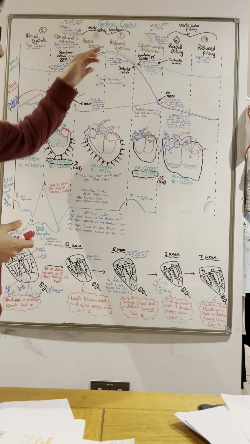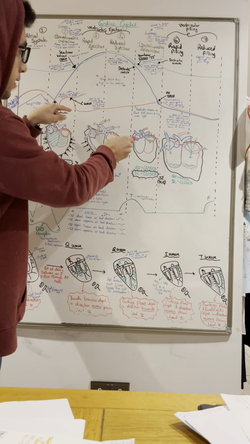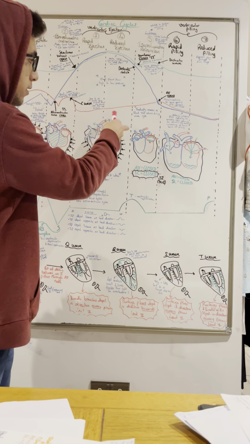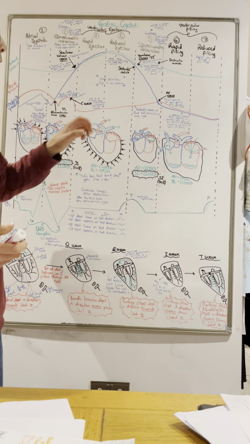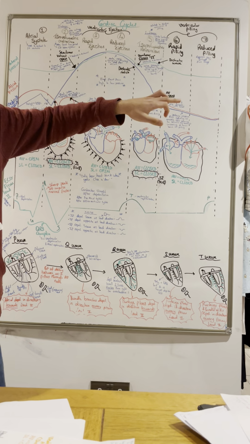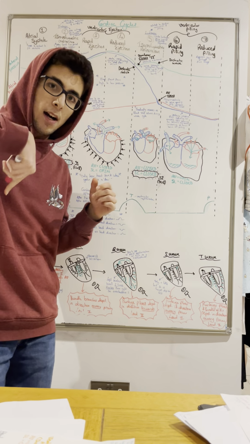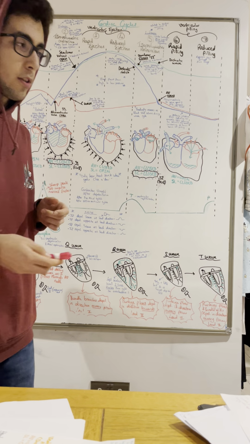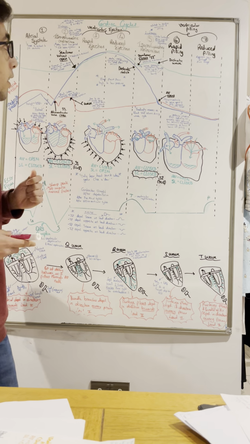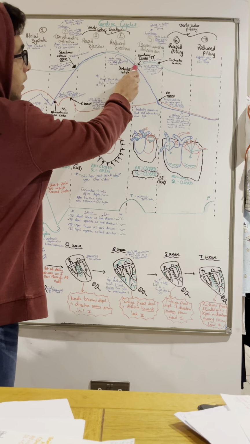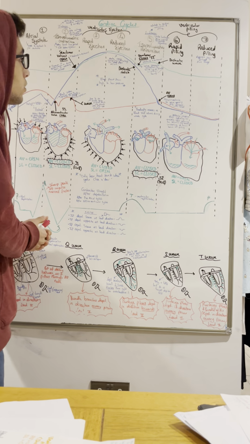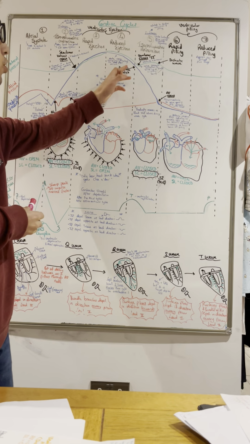So there's a point where the blood leaving via normal circulation is greater than the blood trying to get back into the heart. But then there gets a point where the blood trying to get back into the heart is going to be greater than the blood actually going to the rest of the body or the lungs. Okay? And that's our dicrotic notch.